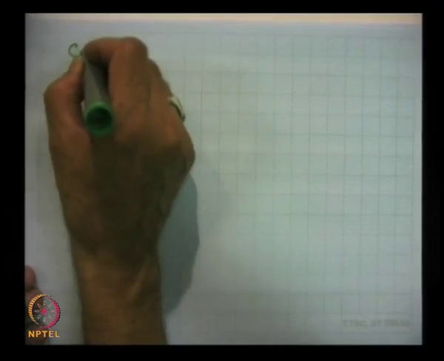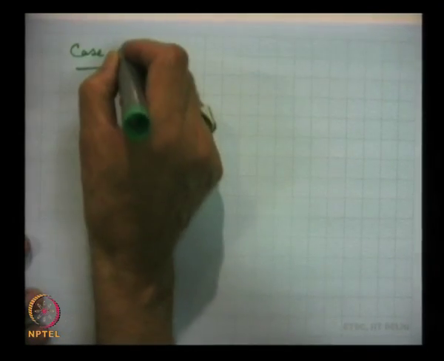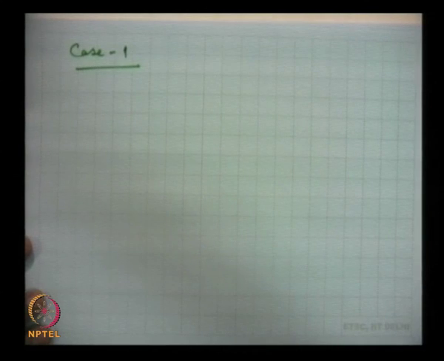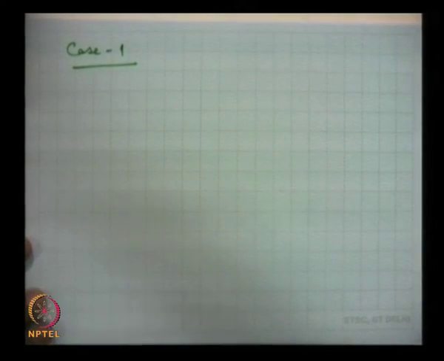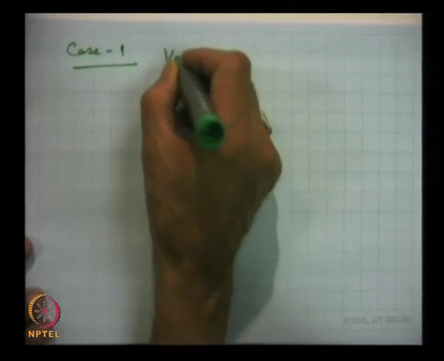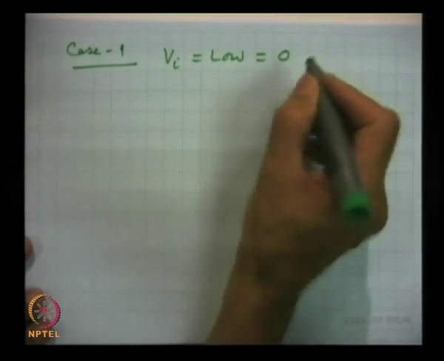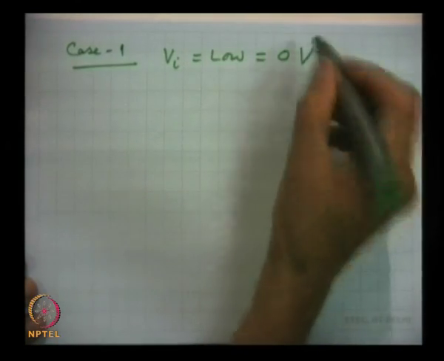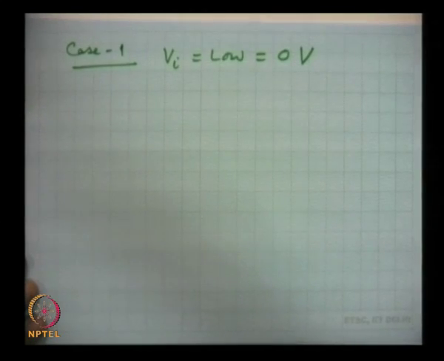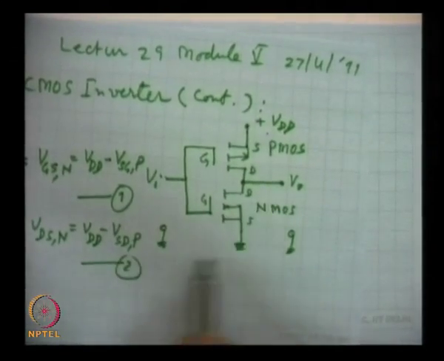Now, the two cases we can discuss. Case 1, when input is low, that is Vi is low, so this is 0 volt. You will have to keep in mind this circuit.